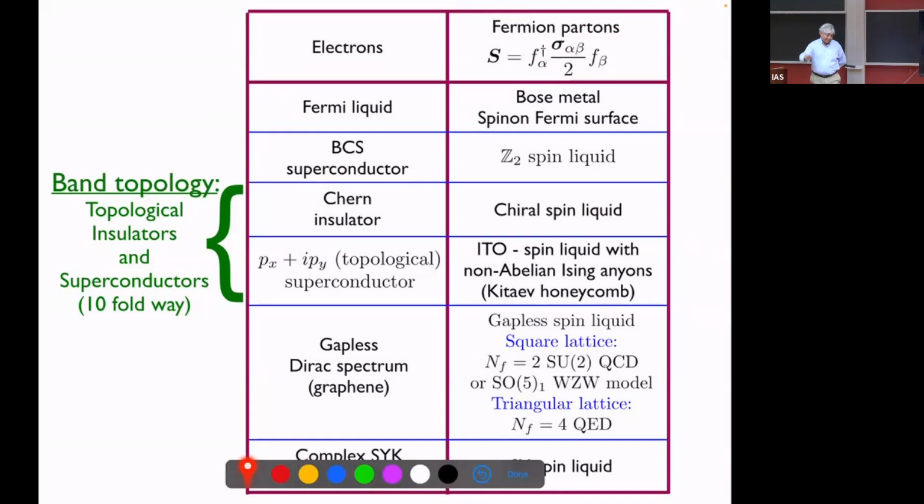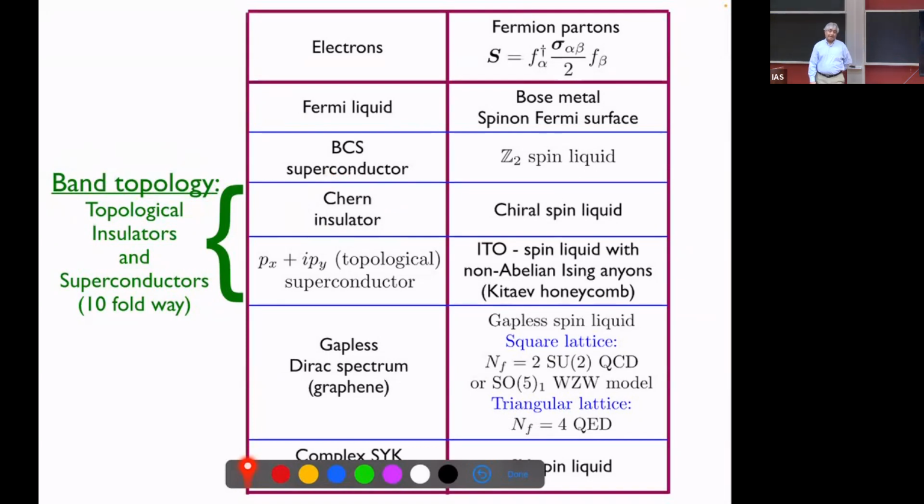Okay, so now you can continue this. And now, surprisingly, the full classification of band topology didn't happen until about 10, 15 years ago. So the thing about the Chern number is that it's non-zero only in a system that breaks time reversal symmetry. You require a magnetic field or some kind of something that breaks time reversal.